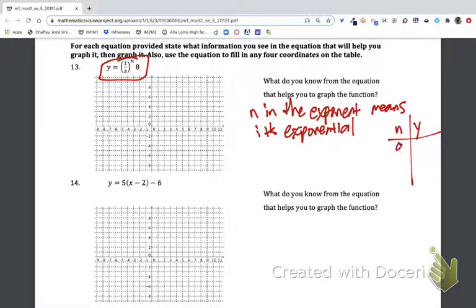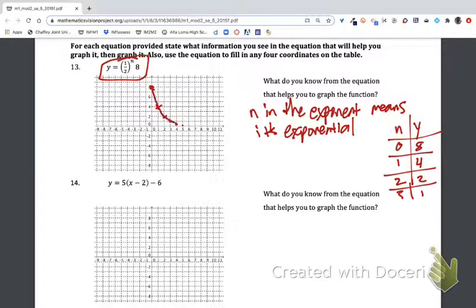If I plug in 0 for n, I would end up with 8, 1, I would get 4, 2, I would get 2, 3, I would get 1, and so on. I'm continuing to cut it in half every step of the way. So at 0 it's 8, and then 4, and then 2, 1, half, and so on.